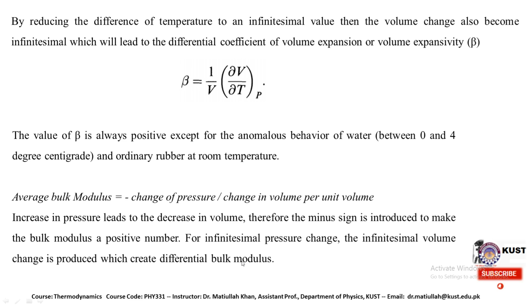Similarly, if we want to make the changes infinitesimally small, so we consider an infinitesimally small pressure, the resulting change in the volume will also be infinitesimally small, and that will create a differential.